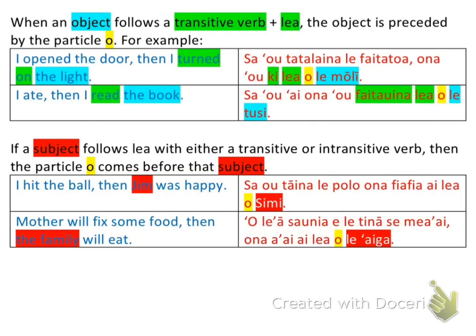I'll finish off with the lea, then I'll do a particle o, and then that subject will come right after that particle o. And I'm going to let you work those last two sentences out on your own and see how, whether I have an object or a subject, I just put a particle o in front of them if it's not a descriptive or emphatic pronoun.